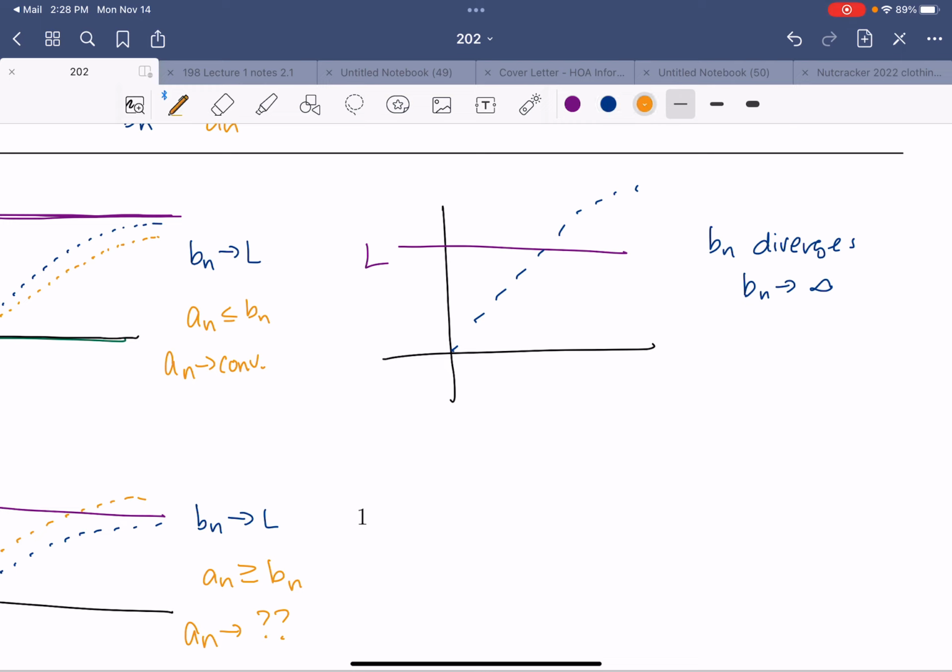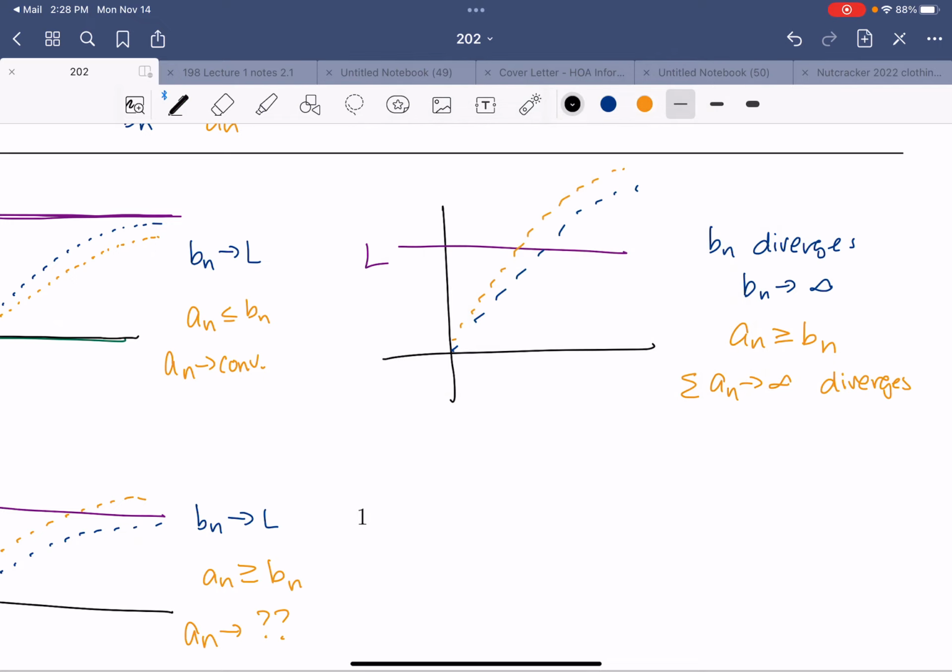Therefore, if my series AN is greater than or equal to BN for all N values, that means it's up here. Well, if BN is going to infinity, then AN must be going to infinity as well. And this is the series, by the way. So then the series diverges as well. So that's the second part. So the top two here are true.